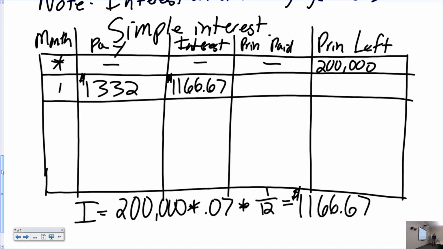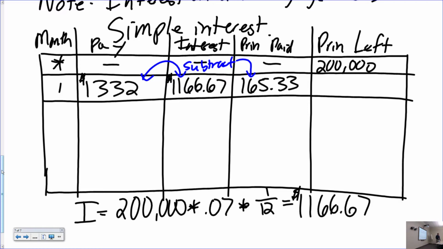So subtract those two, folks. $165.33. That's how much of your house you bought from that $1,332 check that you sent them. A whole whopping $165.33.